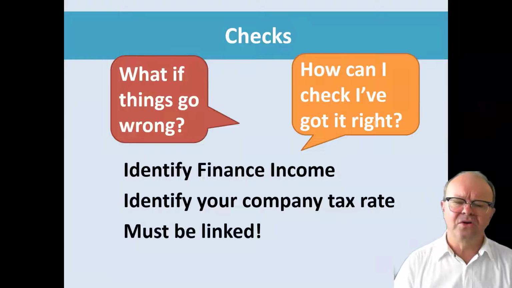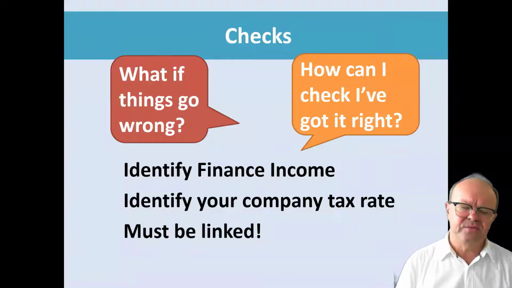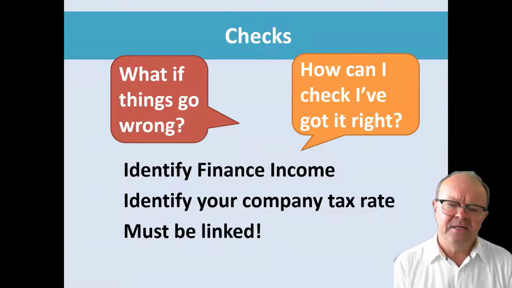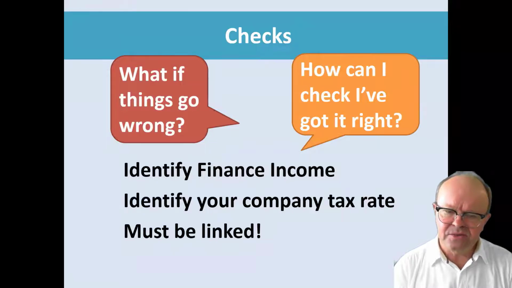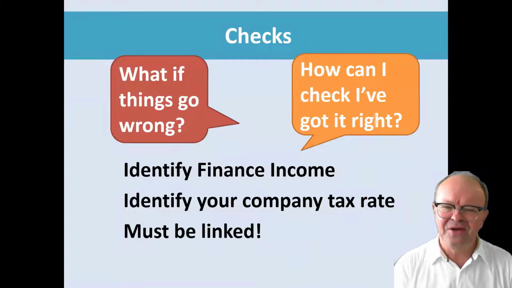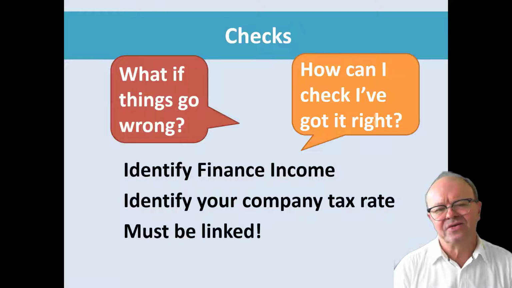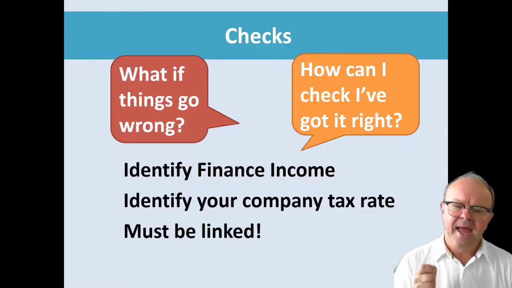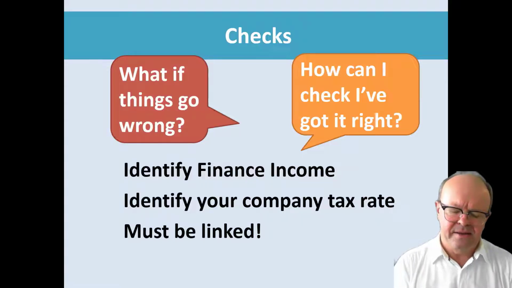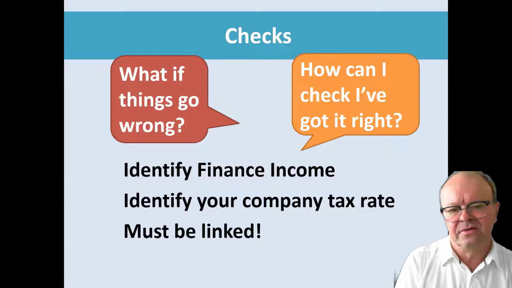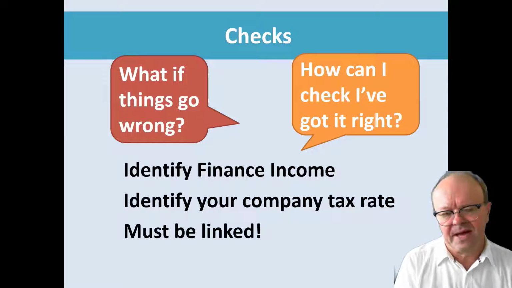Then you've got to identify your company tax rate, and we'll look at that in a minute, and you type that in towards the bottom, as per Maria's videos. Include your company tax rate. If you're in Australia, that'll be 30%. And then you link the tax rate to the right part of your income statement.